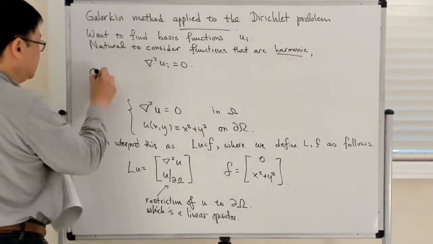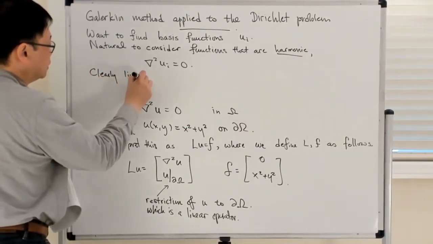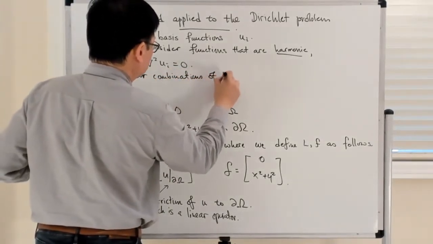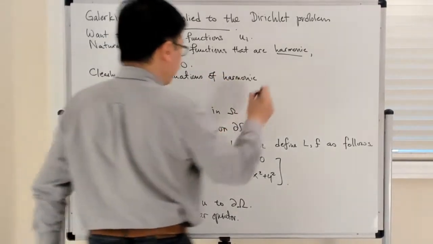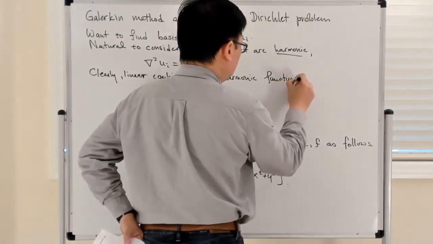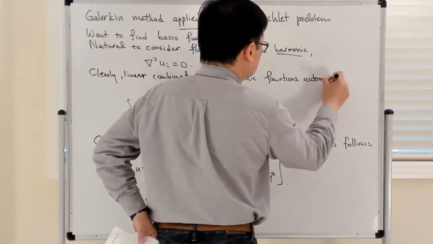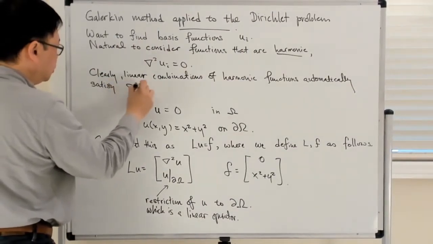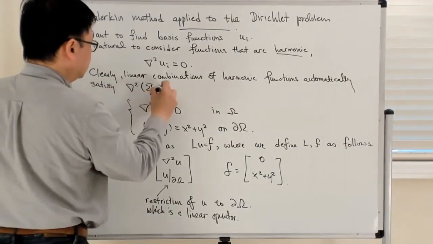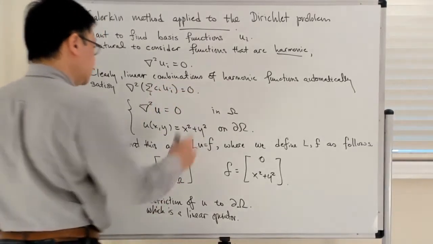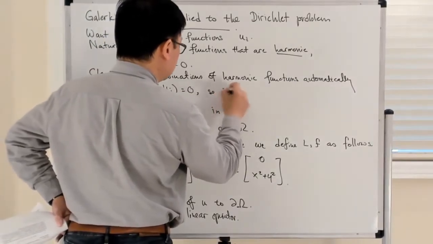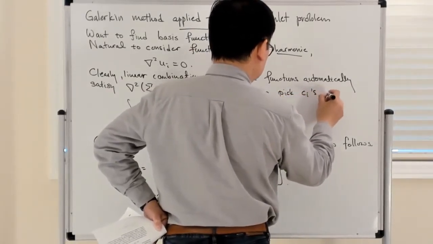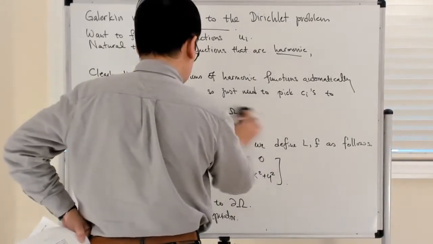So clearly linear combinations of harmonic functions automatically satisfy the differential equation, so we just need to pick the c_i to satisfy the boundary conditions.